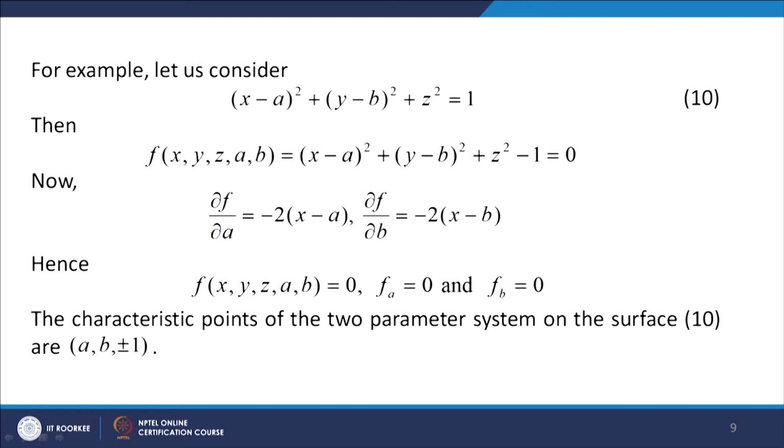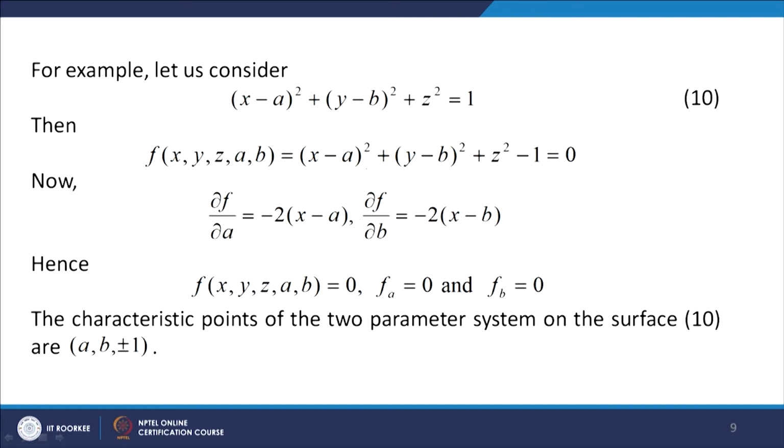Then we can see that the partial derivative of f with respect to a is 2(x - a) into minus 1, and the partial derivative of f with respect to b is 2(y - b) into minus 1. Hence, f = 0, f_a = 0, f_b = 0 give us the characteristic point.